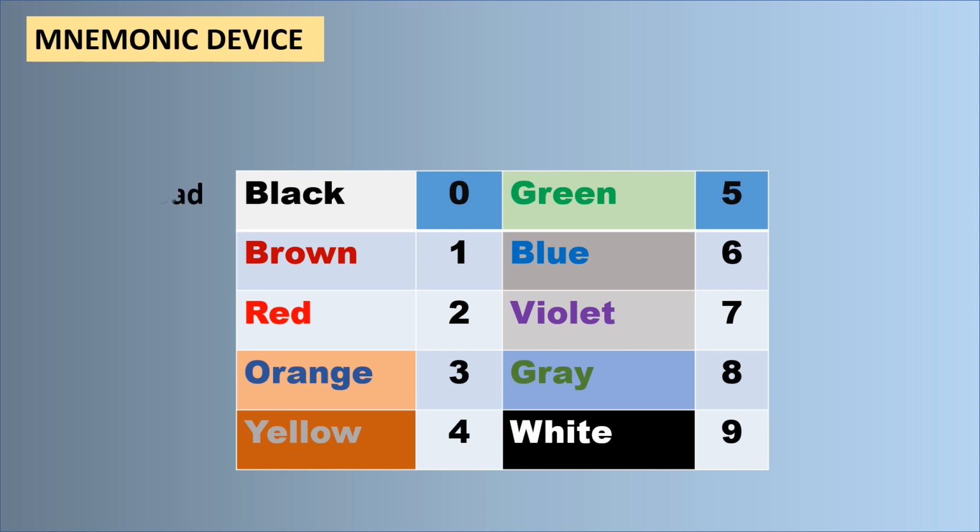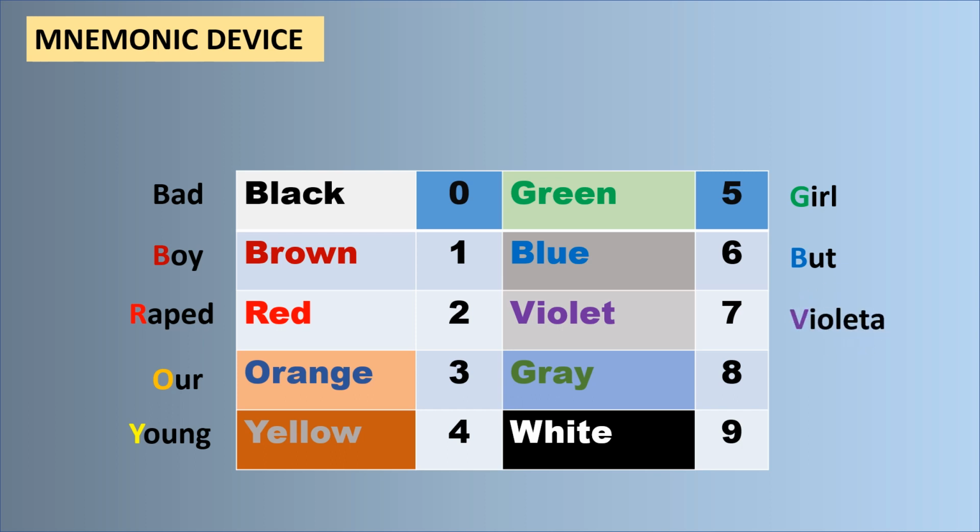So we say, starting from black: bad, boy, rape, hour, young, girl, but Violetta gave in willingly.